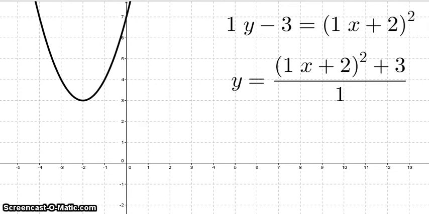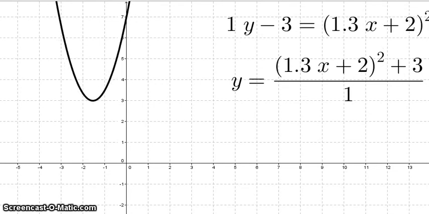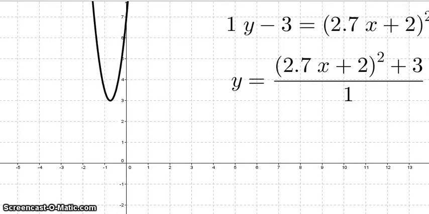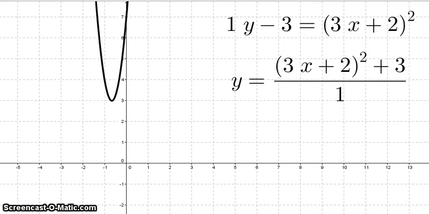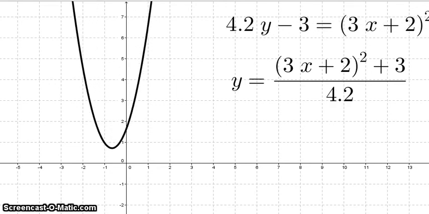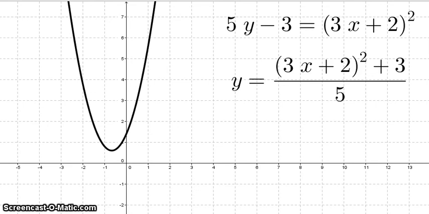Then it compressed by a factor of 3 in the x direction. And then we actually compress by a factor of 5 in the y direction. So it's coming in a downward form here. So this graph is actually the same as the equation as I wrote on the other slide.